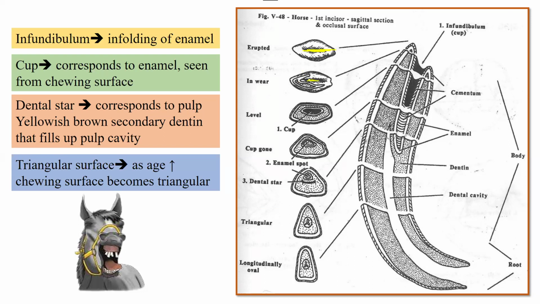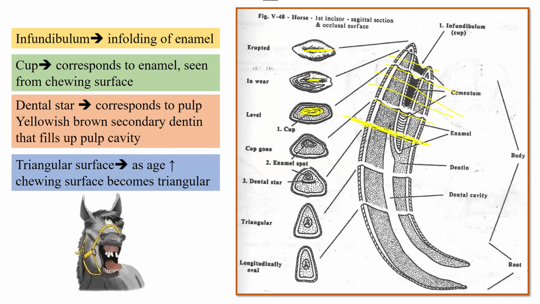Again, this infolding is cup, and now at this level cup is very visible. Now as a tooth undergoes wear, this portion is gone, this portion is gone, this portion is gone, now this portion is gone. So with the passage of time, the infundibulum or cup will wear away, but now as a tooth comes to this place, you can see over here.